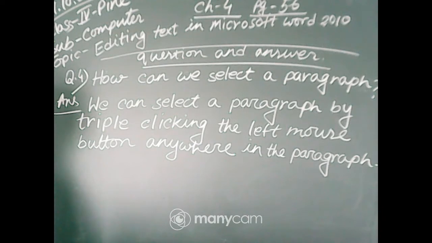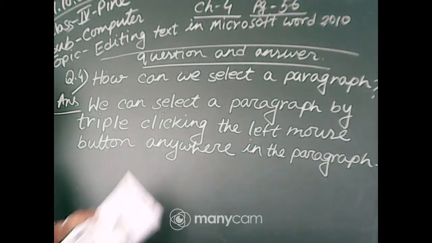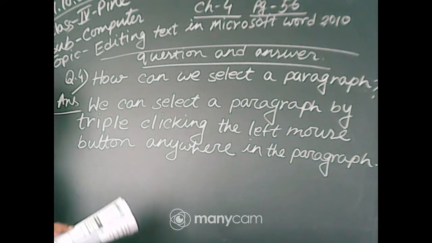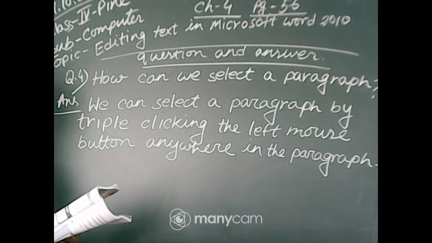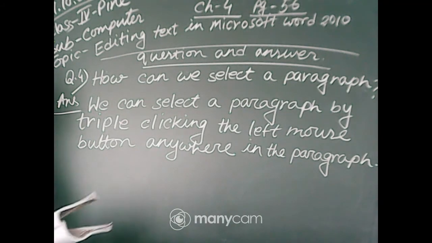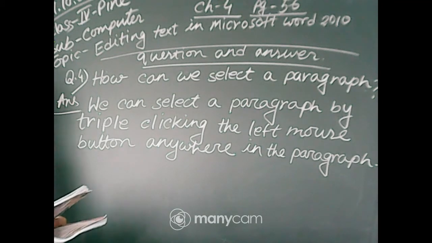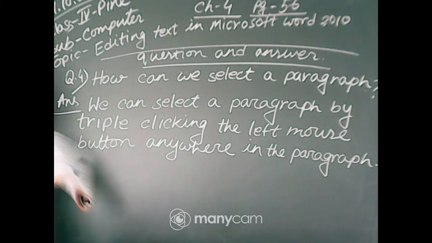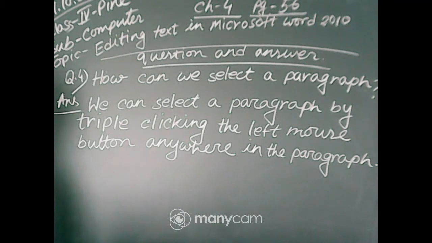Completed? How can we select a paragraph? In another way also we can select a paragraph. This is one way. Another way, you can double click the left mouse button on the blank space present on the left side of the paragraph, then also you can select a paragraph.